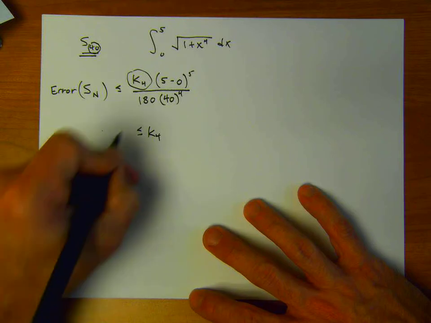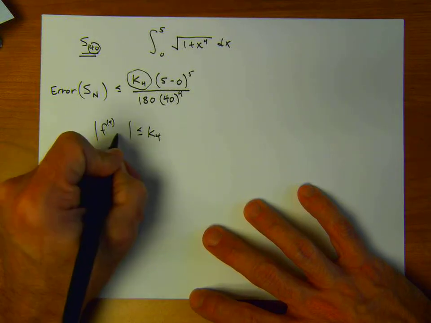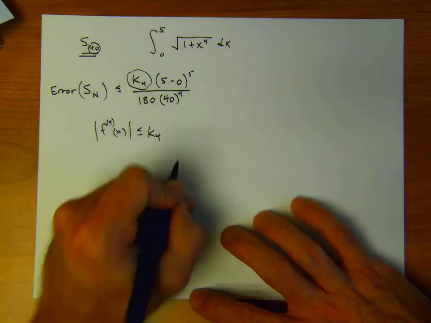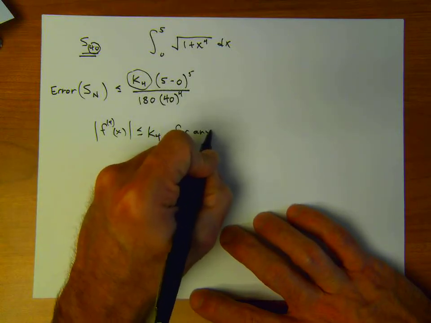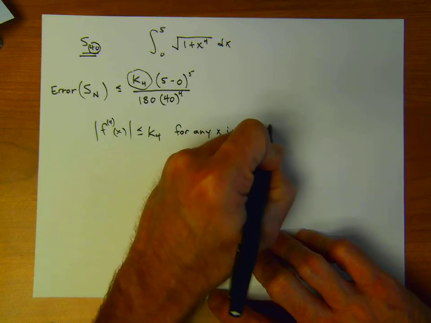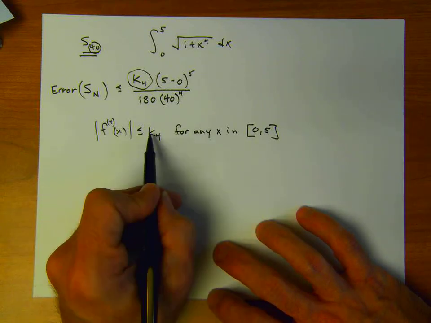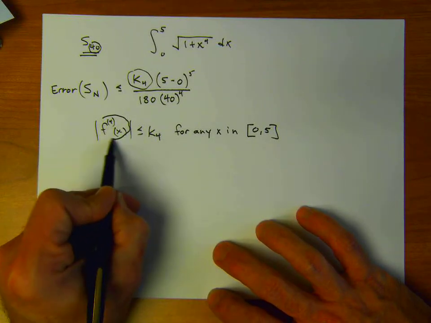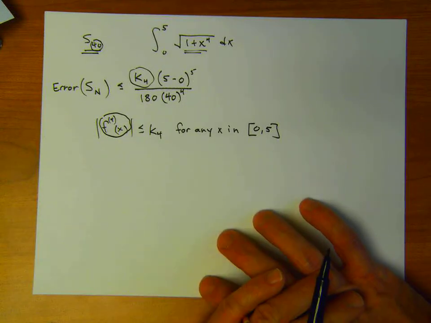It's greater than or equal to the 4th derivative of f, and that's going to be good for any x in our interval from 0 to 5. So what I would expect you to use GeoGebra for is basically to graph the 4th derivative of this function.